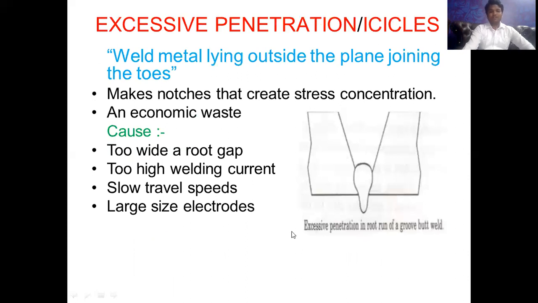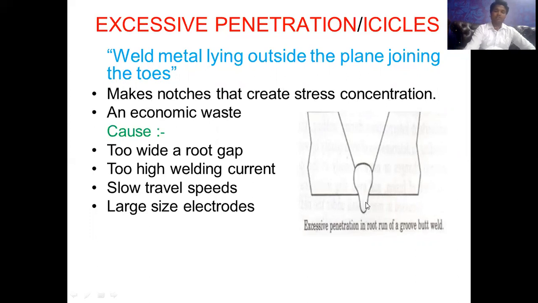Then excessive penetration. The weld material is excessively penetrated beyond the root. We call it excessive penetration. Weld metal lying outside the plane joining the toes makes notches that create stress concentration and economic waste. Most of the electrodes and filler material are used, and it is uneconomical.